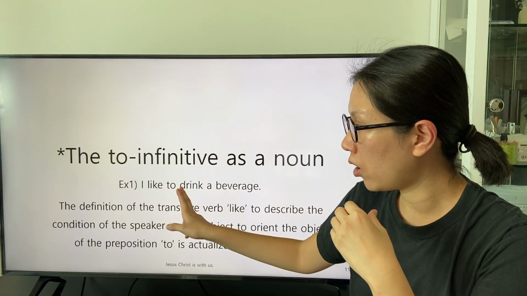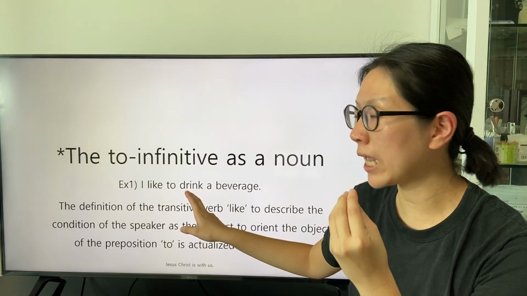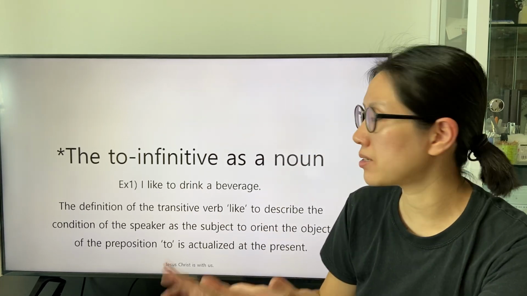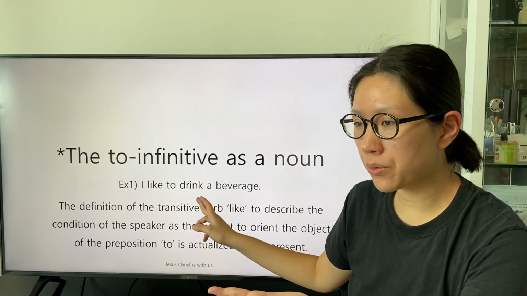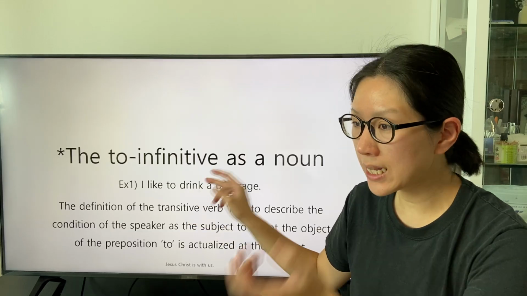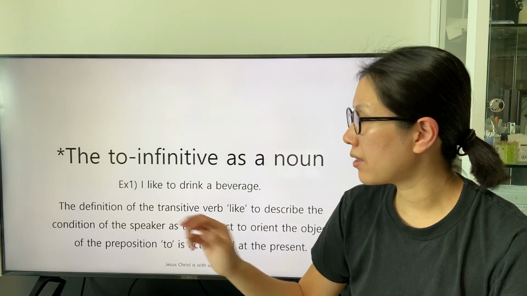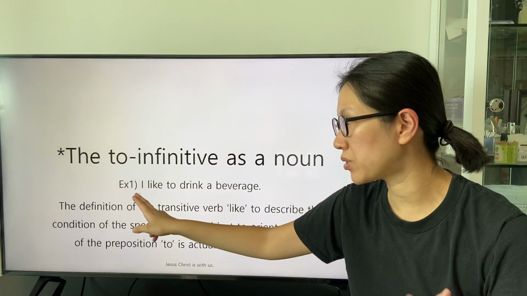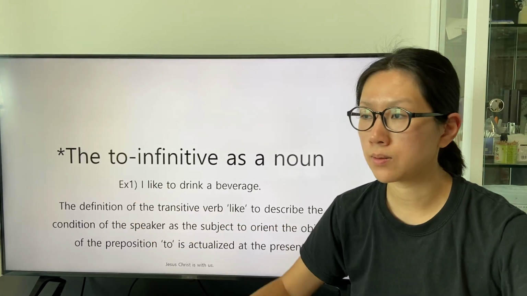The point in time when the speaker intends to actualize the action described by the root infinitive drink is later than the present when the definition of the transitive verb like describes the speaker as the subject.